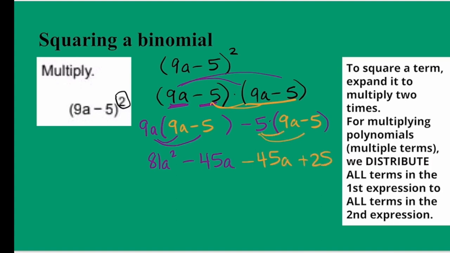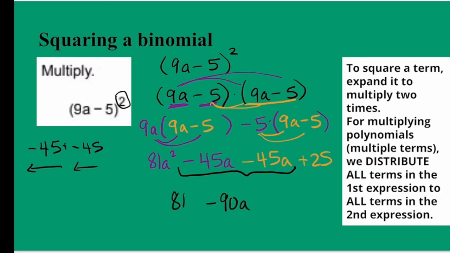This is very easy to make a mistake. That is a negative, that is a minus. So negative 45 means you're moving left. Minus 45, that's also moving left. You do not cancel these out. These get added together because they're the same signs. So that will give you negative 90a.